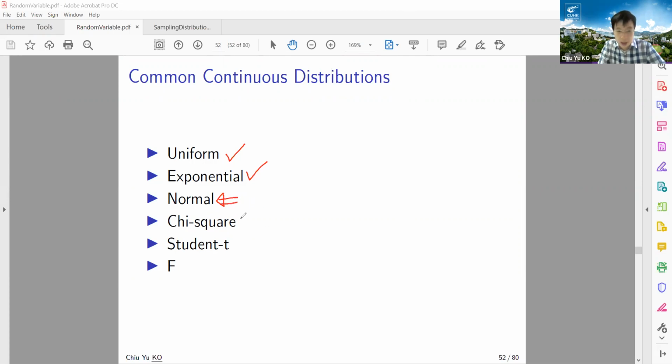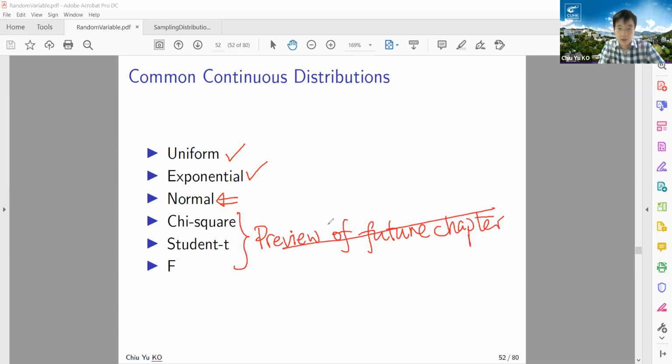The chi-square, Student t, and F distributions will be part of things we do in a future chapter. That means they will not be included in the quiz. So the quiz will be focused on the first three: uniform, exponential, and normal. There will be a quiz on Thursday.